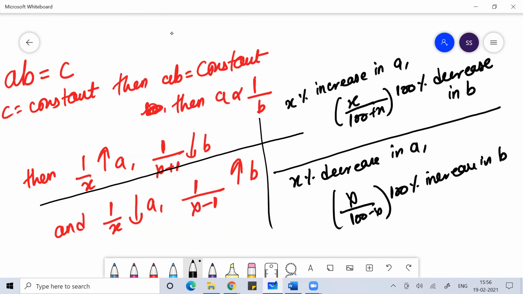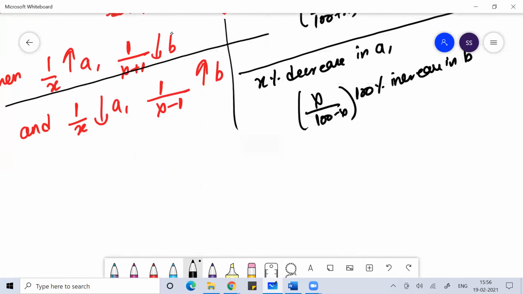So remember this concept, this relationship between the two variables, how much they're increasing and how much they're decreasing. Either you can solve them in terms of percentage, or in terms of ratio. We know the relationship that expenditure is equal to price per unit into consumption.